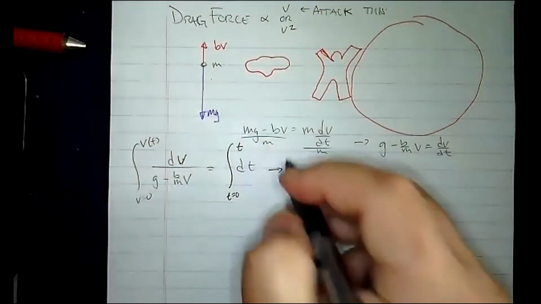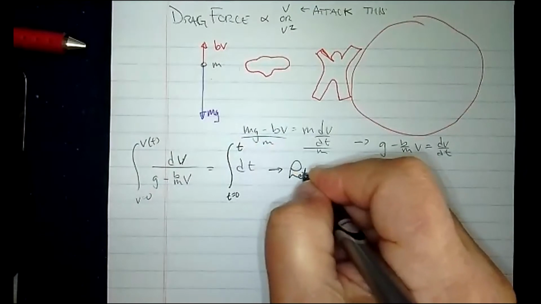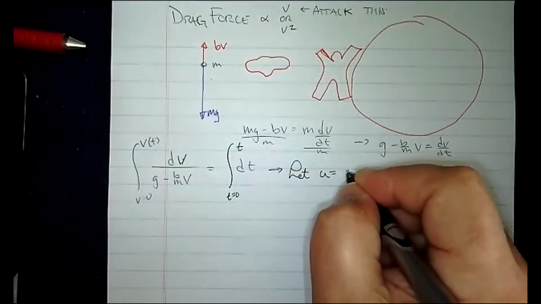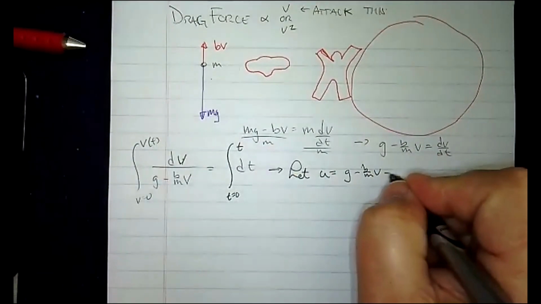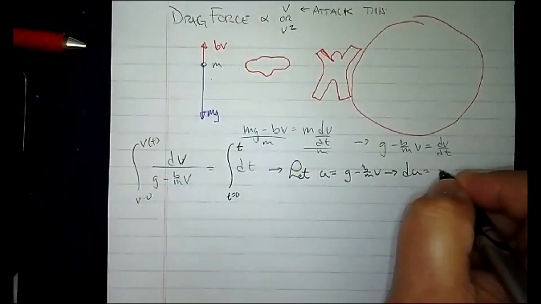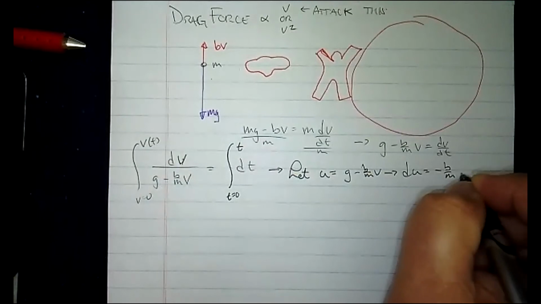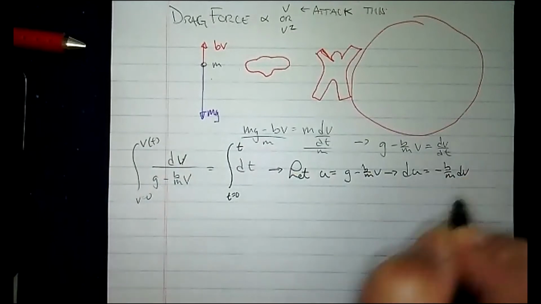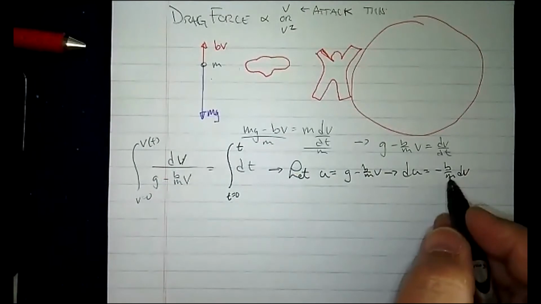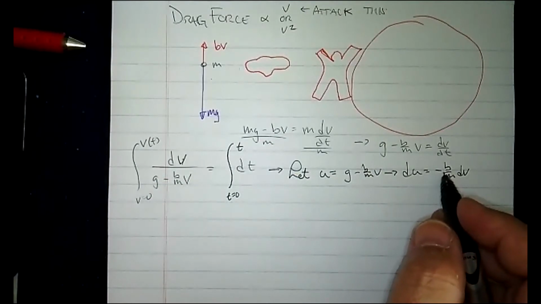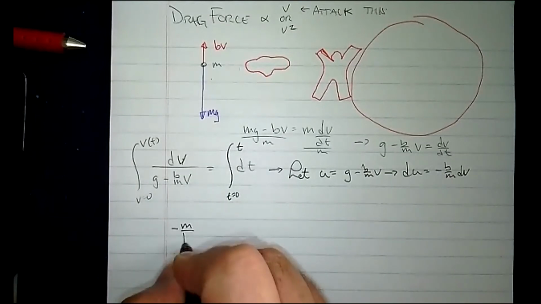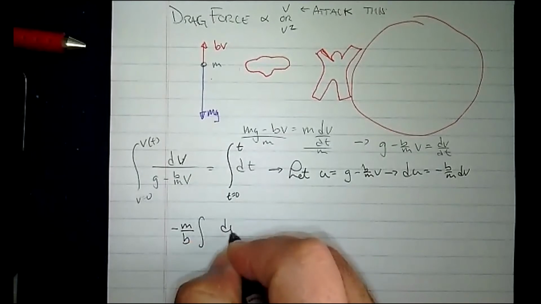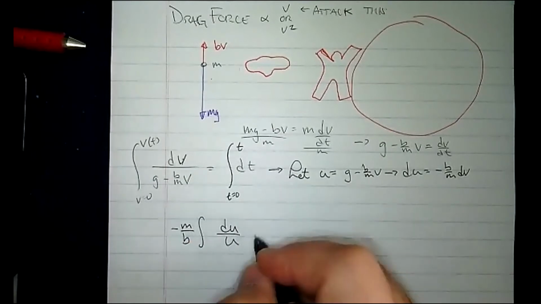So if we let u equal g minus b over m times v, then du is equal to negative b over m dv. So all I really got to do is multiply by negative m over b and by negative b over m, and this left-hand side will become negative m over b integral du over u.